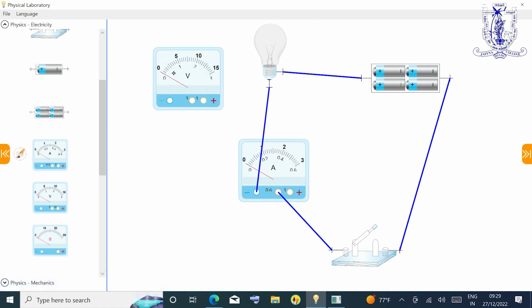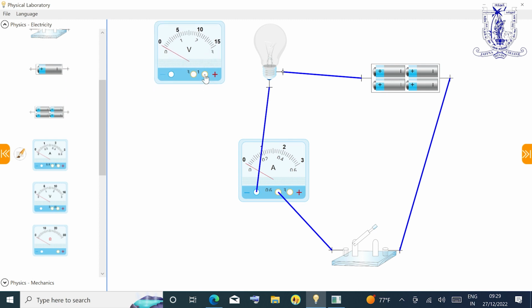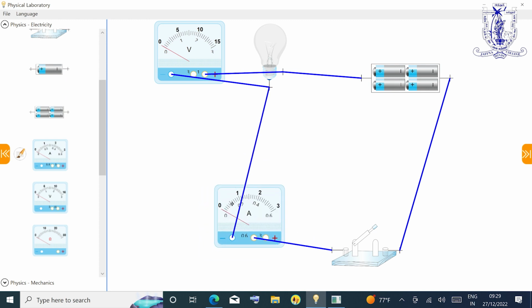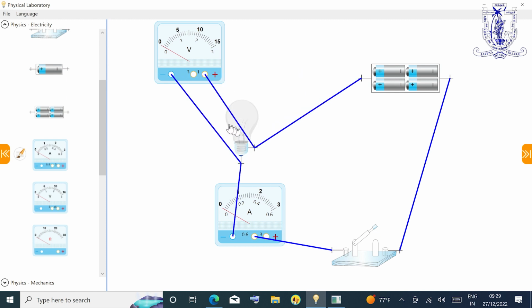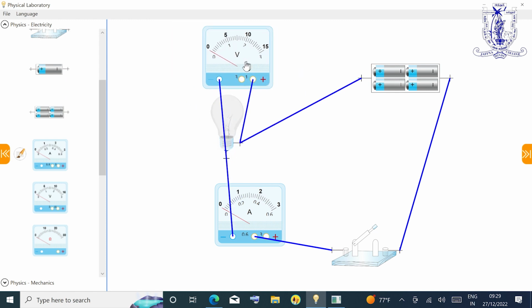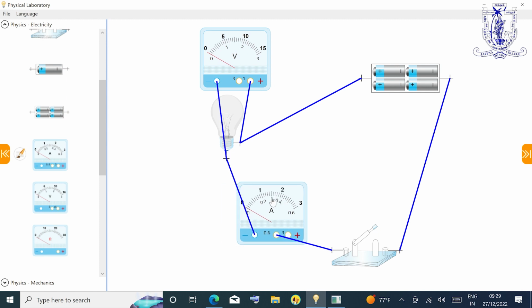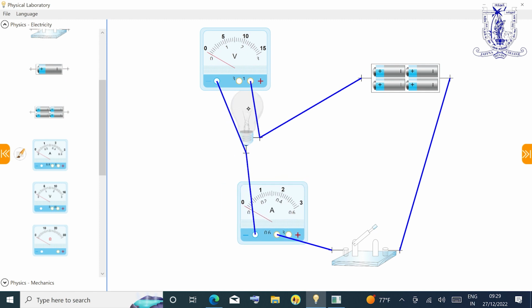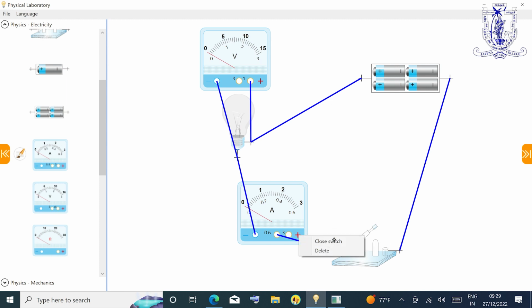This circuit is a series connection, and the voltmeter is connected in parallel. This is a parallel connection, the voltmeter, and switch off, switch on means the closed circuit, closed switch.